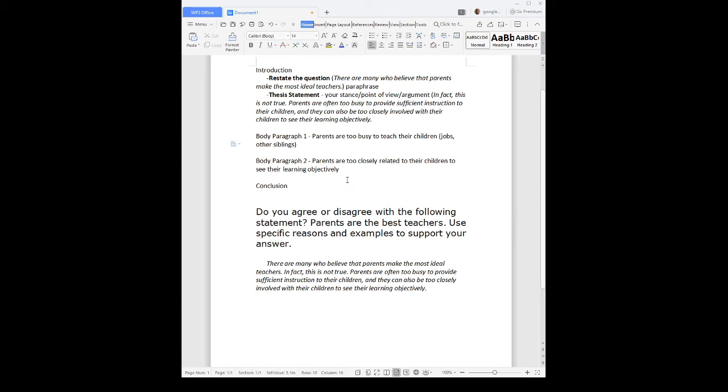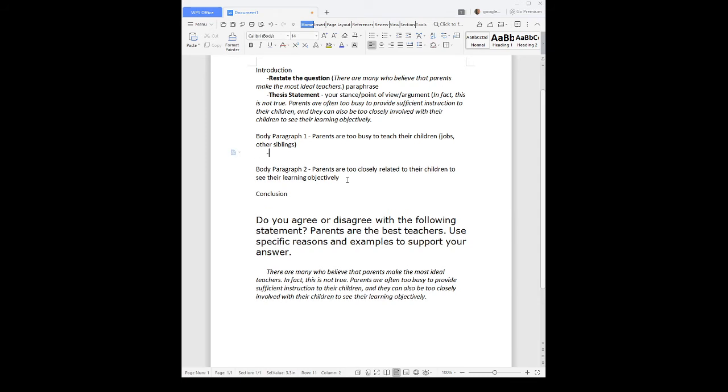Body paragraph 1. What does a body paragraph have? It needs a topic sentence. A topic sentence is essentially just restating this from here. We do a lot of paraphrasing to be very clear, very easy to understand. Anytime that you feel like you're saying something again, don't worry.